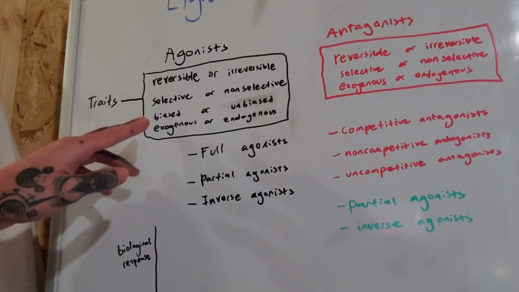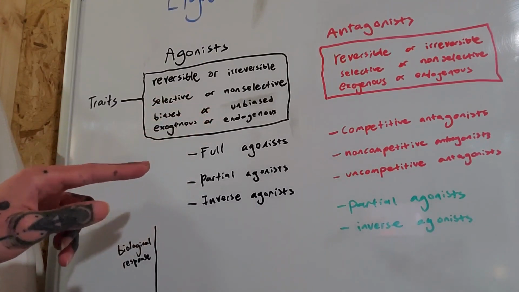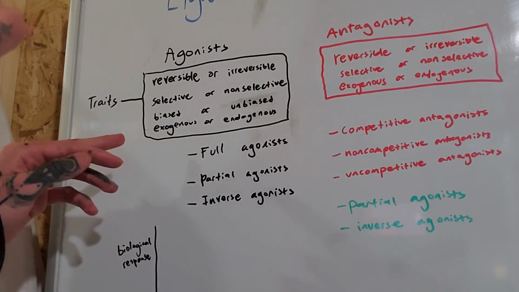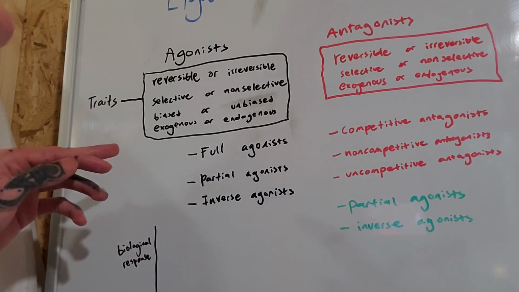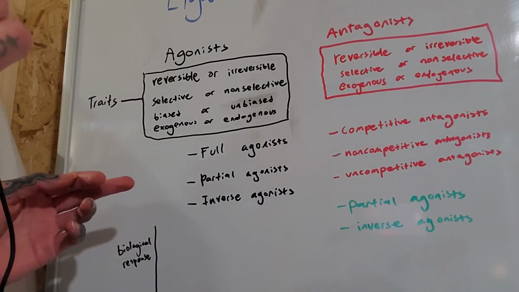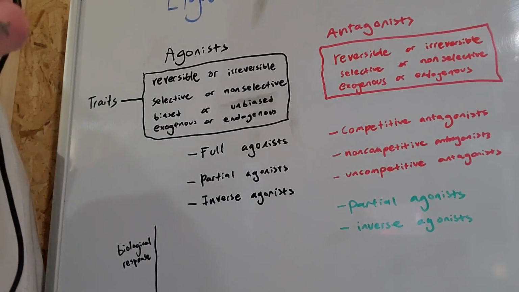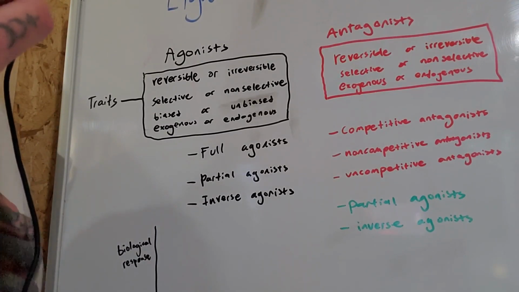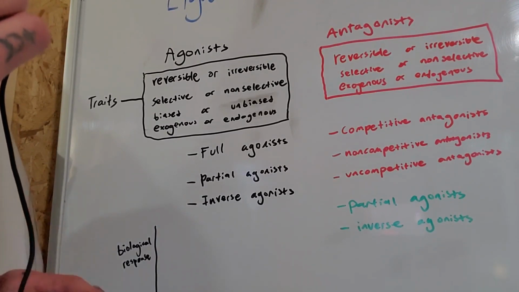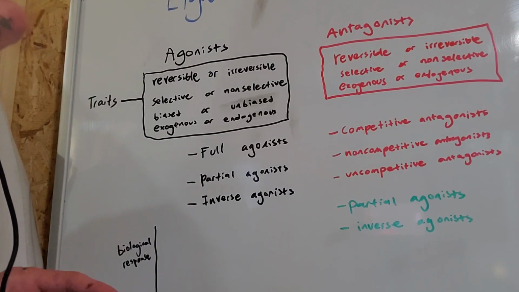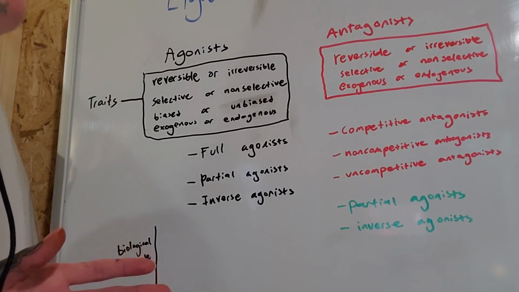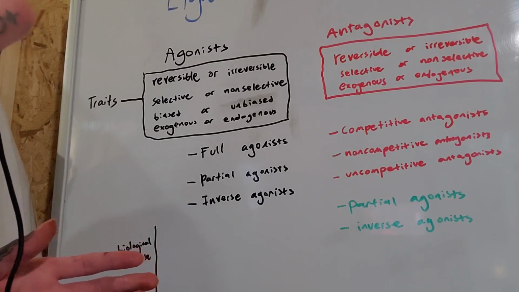So then we have biased and unbiased agonism. Biased refers to the method of signaling. Often in different types of receptors, there might be different mechanisms of intracellular signaling that can occur depending on the ligand type and depending on the site that it binds to.